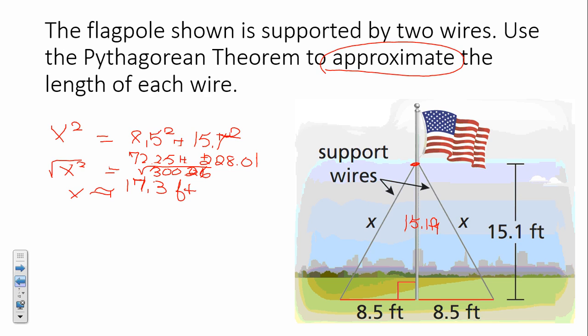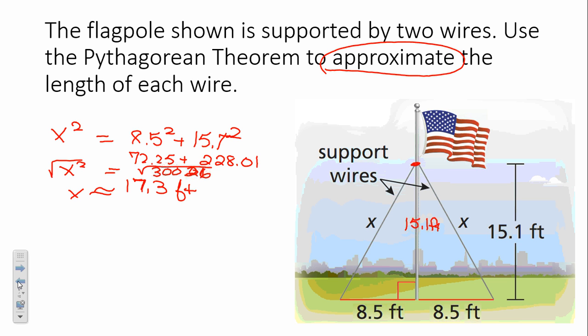That's not what you got? Okay, so let's check. When we plug in, you have to be careful with your order of operations, and I'm glad that you mentioned it, because sometimes you can get the wrong answer if your calculator doesn't understand them properly. So 8.5 squared is 72.25. 15.1 squared is 228.01.